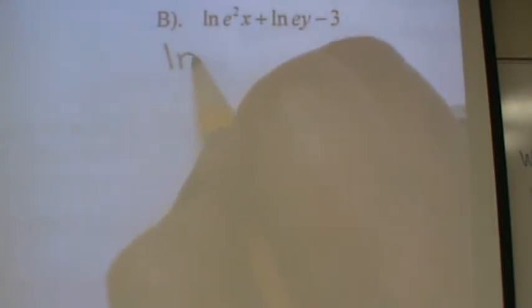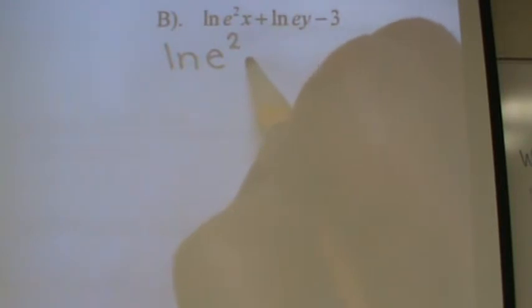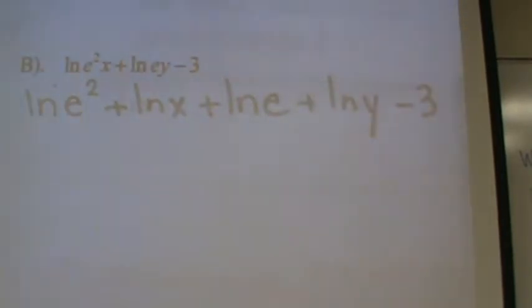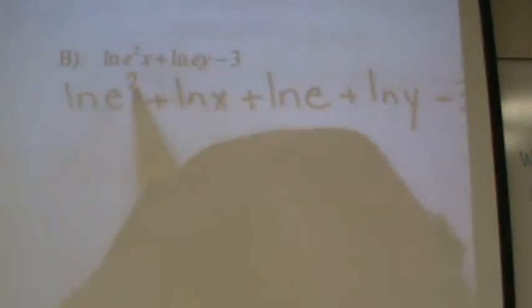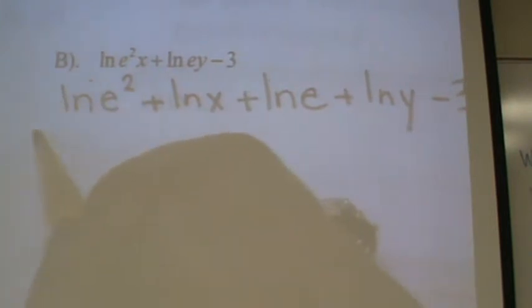So we're going to convert this to ln e squared, plus, this is a product, plus ln e plus ln y minus 3. Now, see this 2 right here? Where does this 2 go? In front. See this 2?